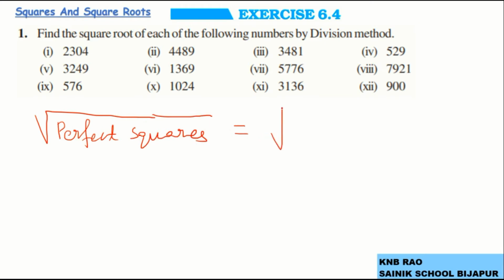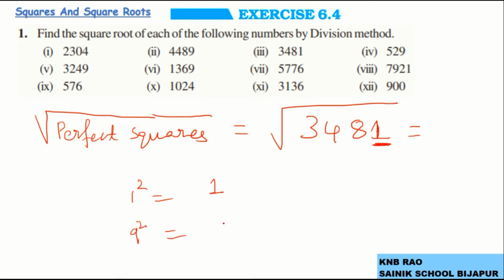Students, suppose I have taken 3481. Now if you want to find the square root of this, first watch the units place digit. Units place digit is 1. Therefore, you know 1 square ends with 1 and even 9 square also ends with 1.